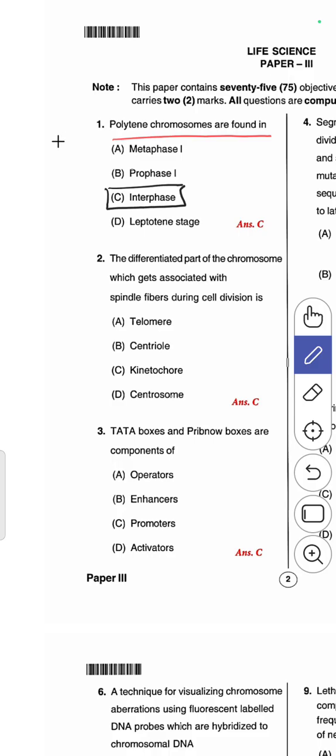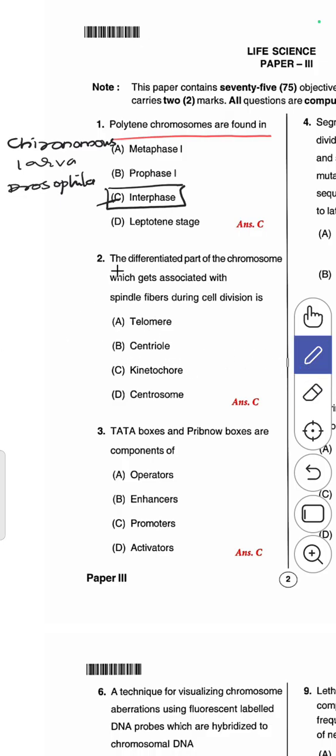These polytene chromosomes are mainly observed in Chironomus larva, and also seen in Drosophila. So, in these species, you come across polytene chromosomes, which are found during the interphase stage of the cell division. So, C is the right answer for this question.